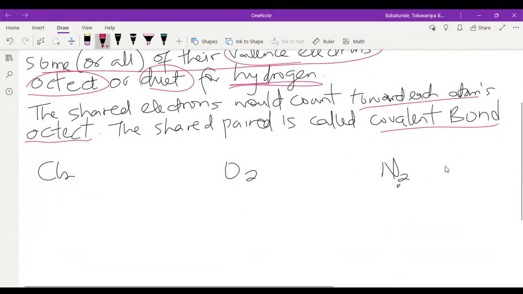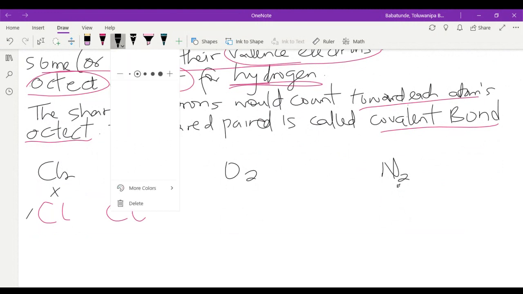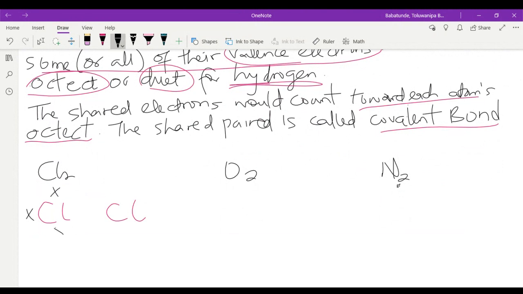For example, if you want to show the bond between chlorine atoms, when we draw the Lewis dot structure for two atoms of chlorine, each of them has 7 valence electrons, and we write the valence electrons this way: 1, 2, 3, 4, 5, 6, and 7.